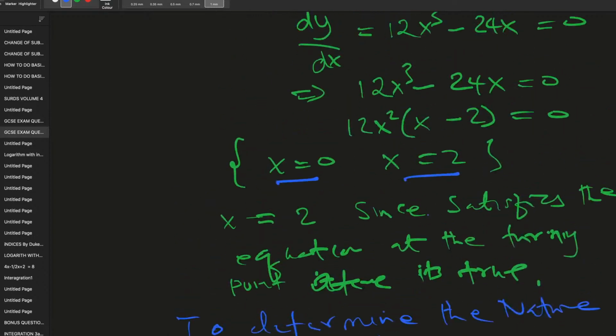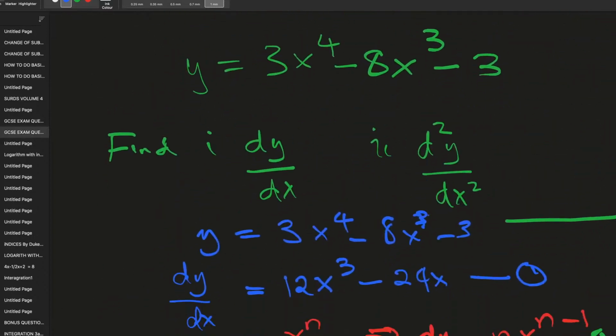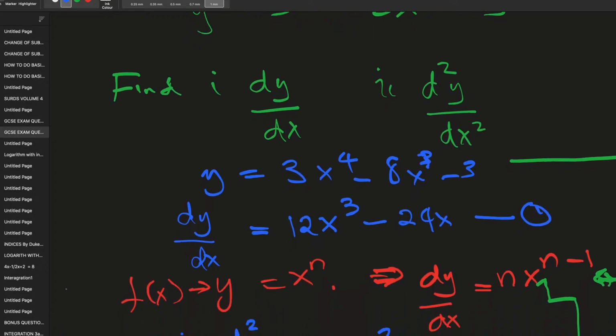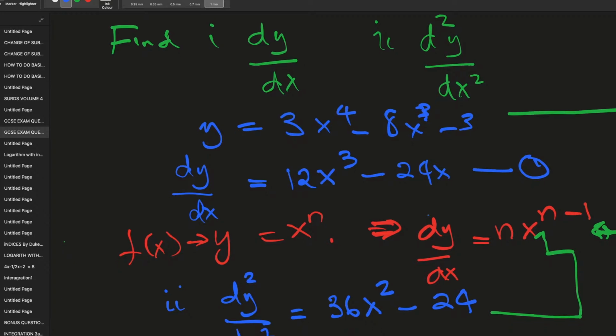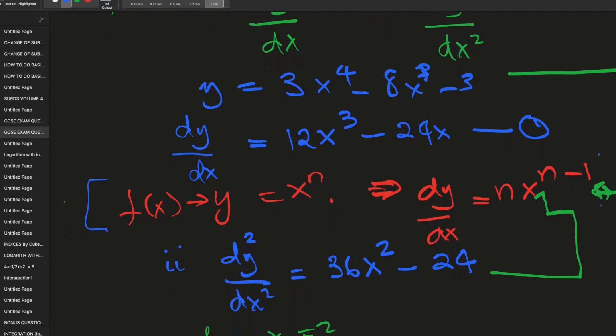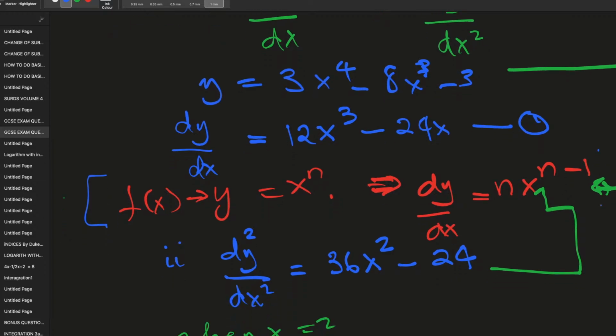As we can see, the first one, we're asked to find the first derivative, and we have the first derivative to be equal to 12x cubed minus 24. Reference is made to the fundamental principles of differentiation, which is what we use to deduce dy/dx. And the second derivative, deduced from the first derivative, was 36 s squared minus 24.